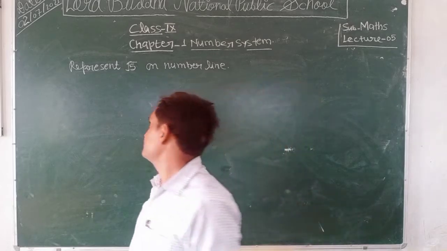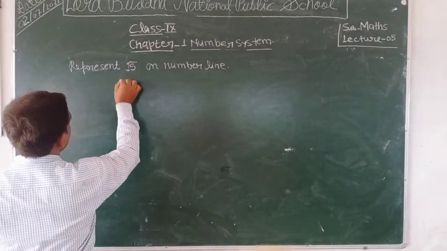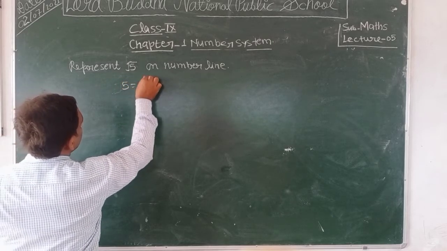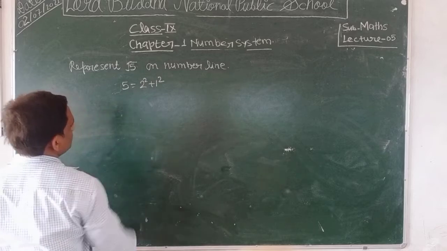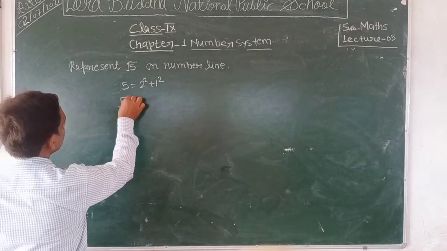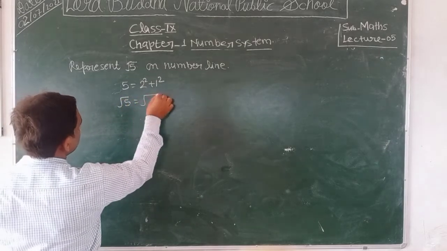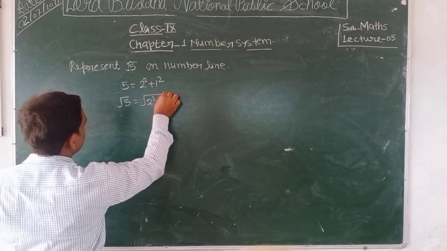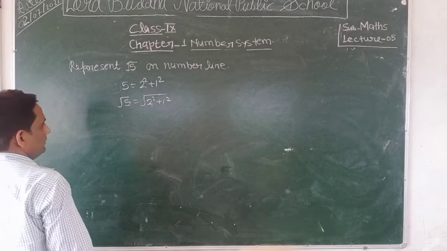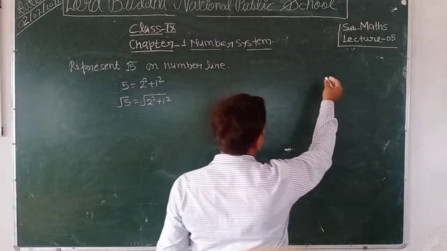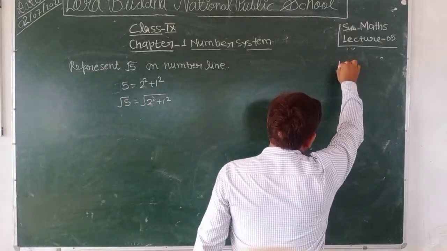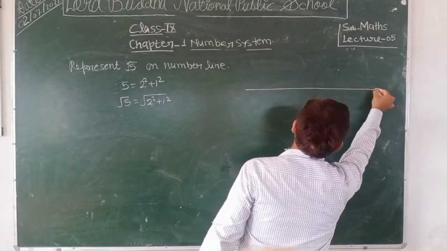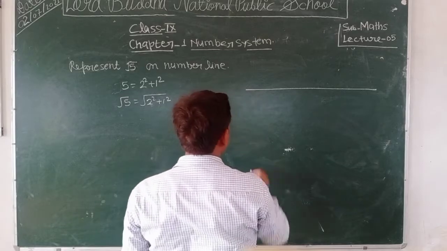Now we write 5 equal to 2 square plus 1 square. If we take the square root, root 5 equals the square root of 2 square plus 1 square. Now, first of all, in the first step, we draw a straight line.